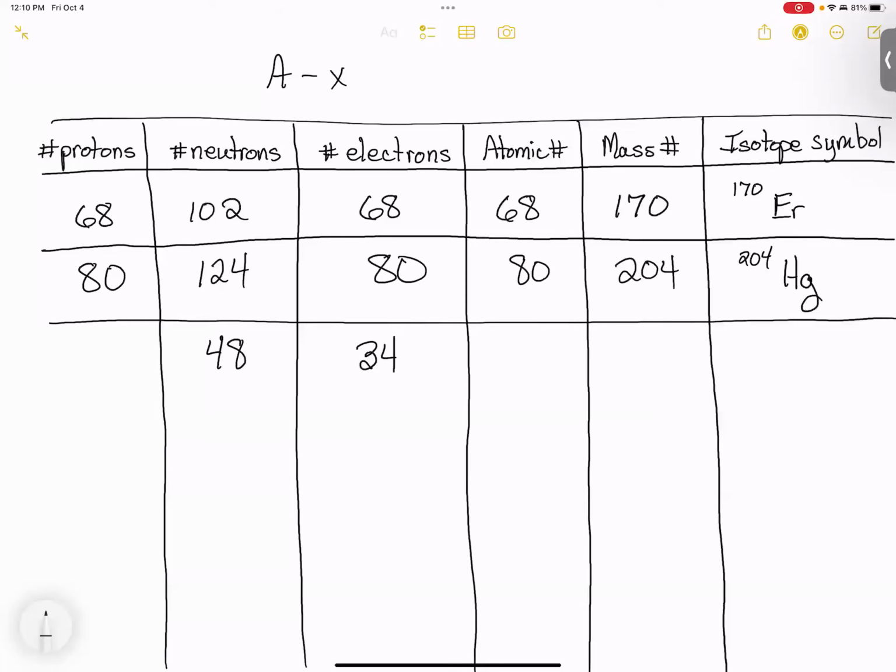Okay, what piece of information do I probably want to start with? The electrons, because the electrons, protons, atomic number, all the same digit. So it has 34 protons and an atomic number of 34.